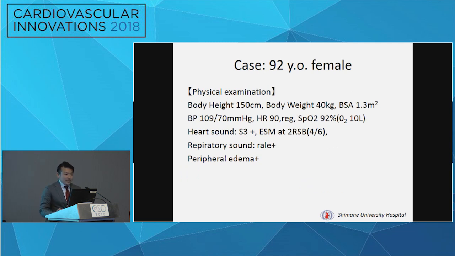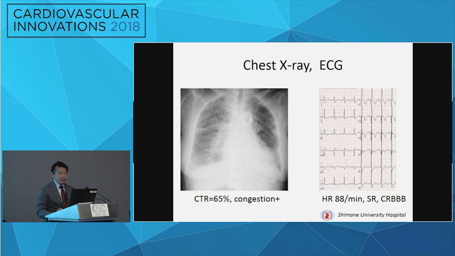This slide shows her physical examination, a very small old lady. I heard an ejection murmur and peripheral edema. This slide shows chest X-ray and ECG. Chest X-ray shows pulmonary edema, and ECG shows CRBBB and sinus rhythm.